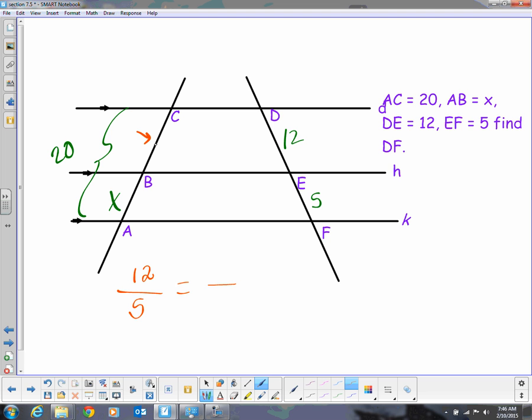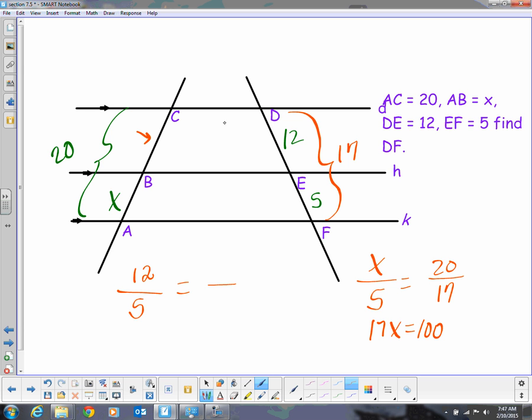What would you have let this be? Then we'd have a y and an x. So now could we say x over, you pick it, 5. All right, if I do x over 5, then I'm going to say 20 over what? Okay. So then we've got 17x equals 100.